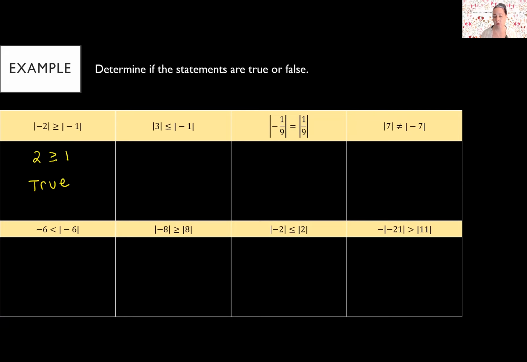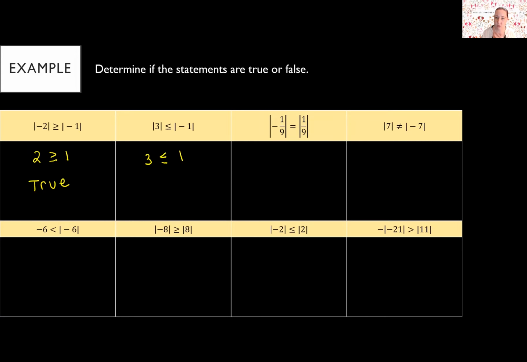Next one over, moving to the right, we have the absolute value of 3 is less than or equal to the absolute value of -1. So when we take the absolute values, this would be 3 less than or equal to 1. You read it in two parts.